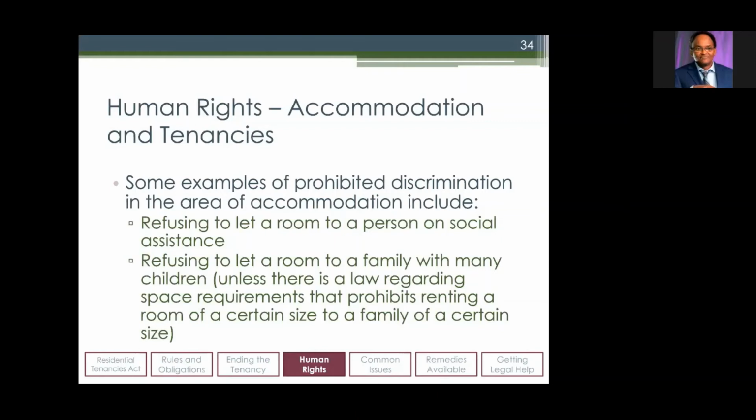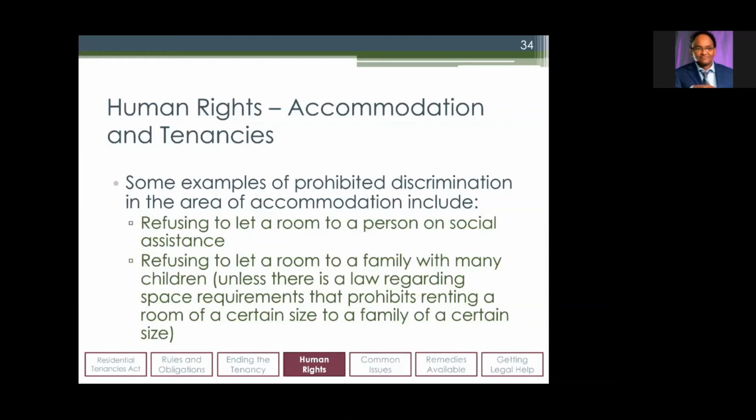It should not matter what that source of income is, unless it's an illegal source of income, like somebody doing drugs or selling stolen property and the landlord knows about it. Then they can refuse, because the tenant or prospective tenant would be doing something against the law. That's a violation of the tenant's obligation. So that source of income would be permissible grounds to deny renting, but otherwise, no.